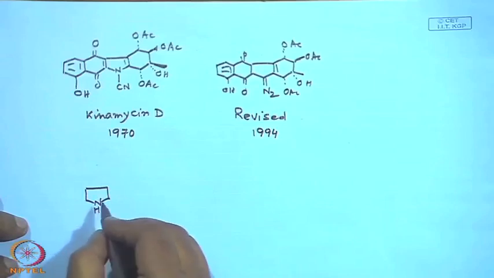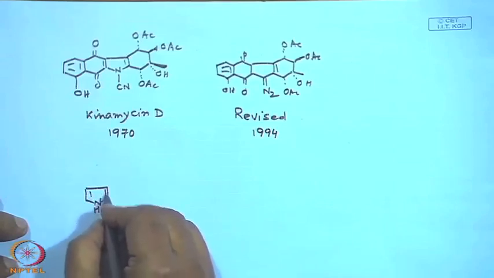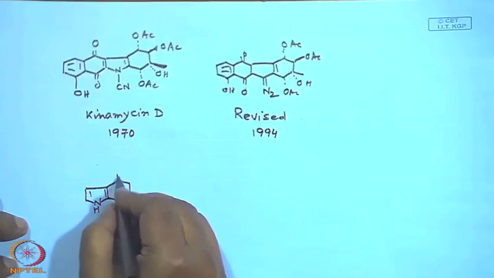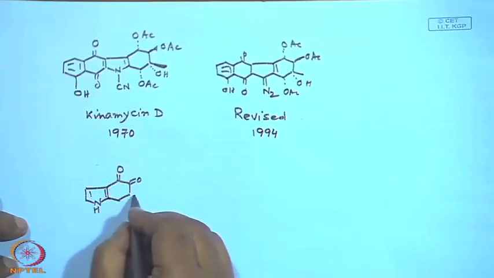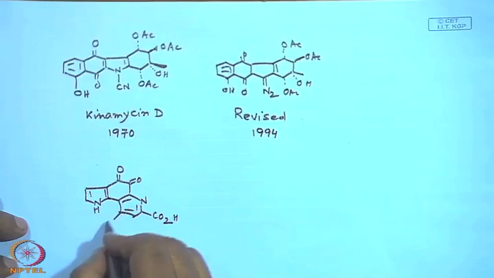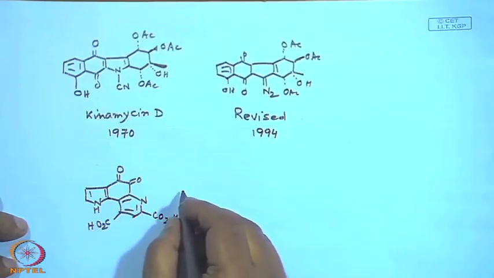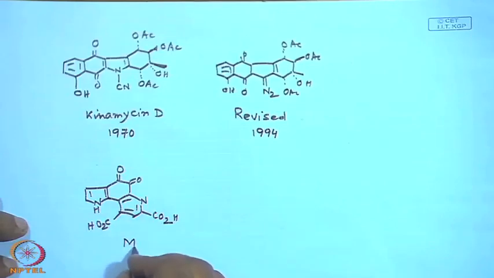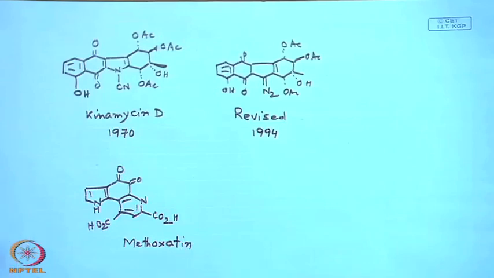Here you have a pyrrole moiety, then an orthoquinone kind of moiety here, and then you have a pyridine nucleus and a carboxylic acid. This molecule is known as methoxatin.